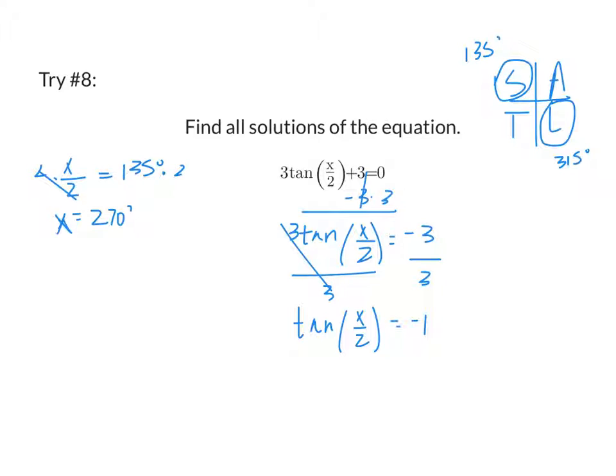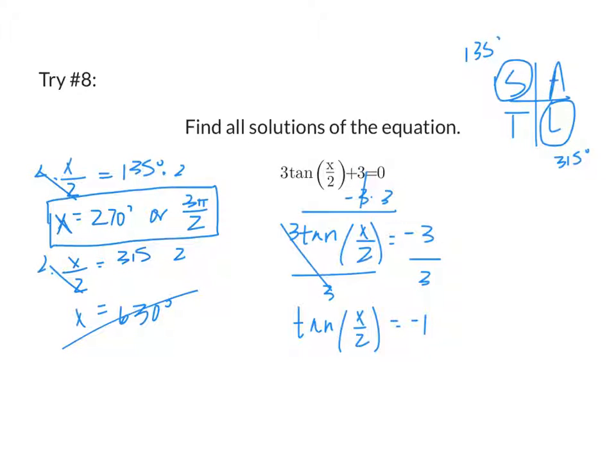If I do the same thing with x over 2 equal to 315 and multiply by 2, I would get x equals 630, but I don't have to worry about the second solution because it's too big. It's outside of a full unit circle. So x equals 270, or in radians, 270 degrees is the same thing as 3 pi over 2. So that is our only solution for this problem.